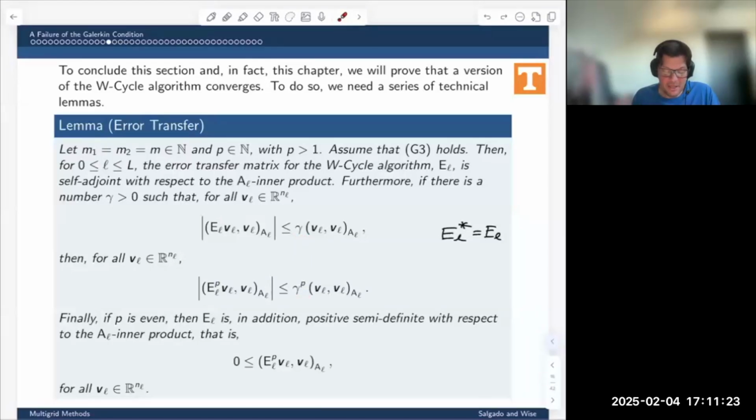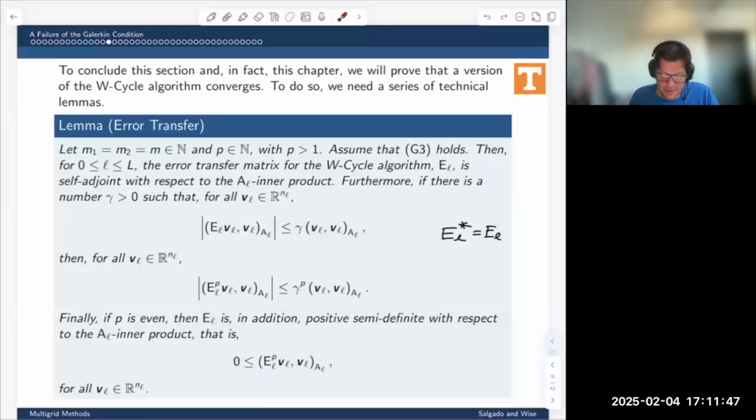If P is even, then EL is in addition positive semi-definite with respect to the AL inner product, meaning that I can show that the AL inner product of EL to the P power VL with VL is greater than or equal to 0. And the reason I can do that is technical.